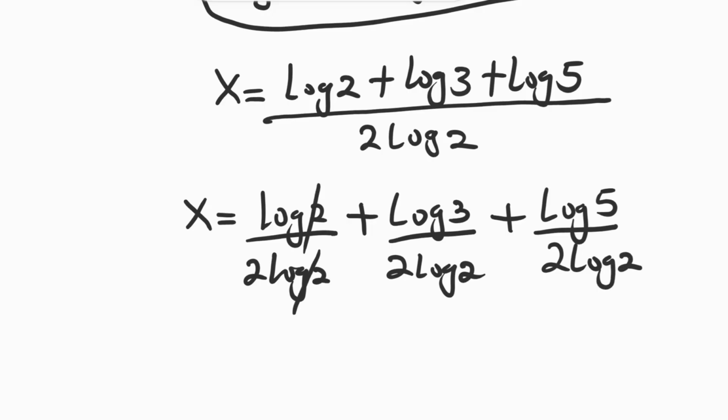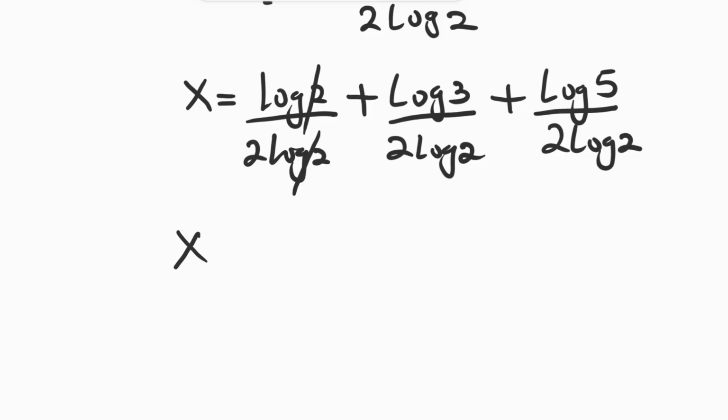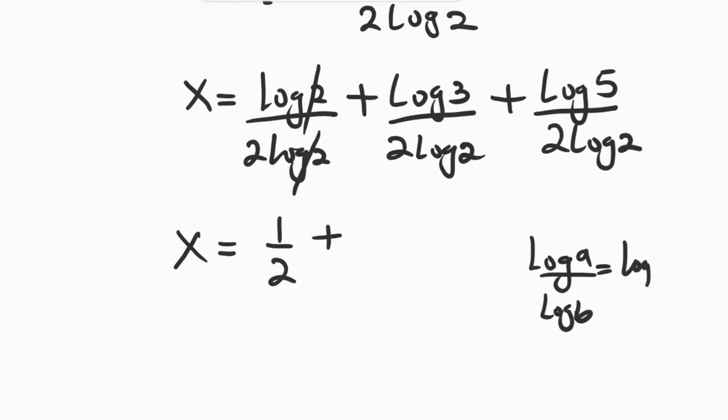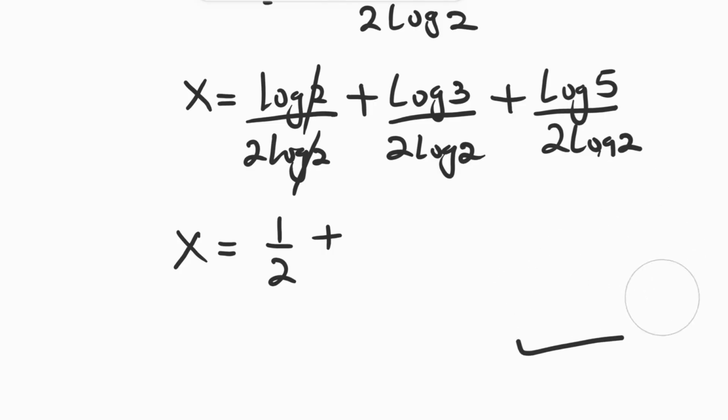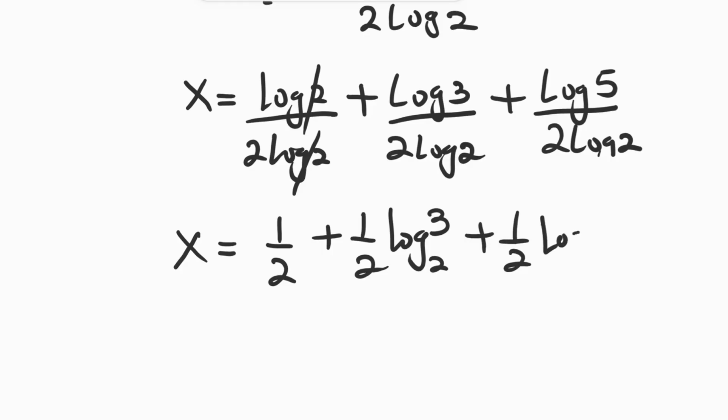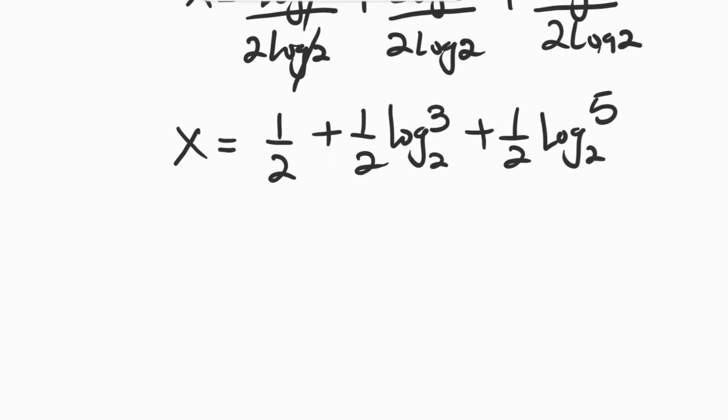Log 2 will cancel out here, and so what we have left is x equals half plus, we know another log rule states that when we have log of a divided by log of b, it is the same thing as log of a base b. So let us apply this log rule to the right hand side as well. So now what we have is half log of 3 base 2 plus half log of 5 base 2.